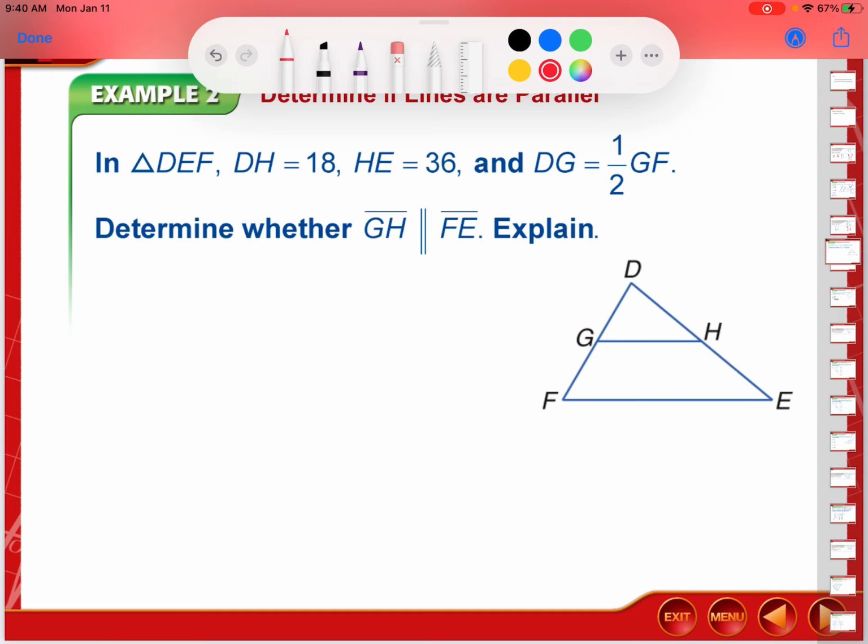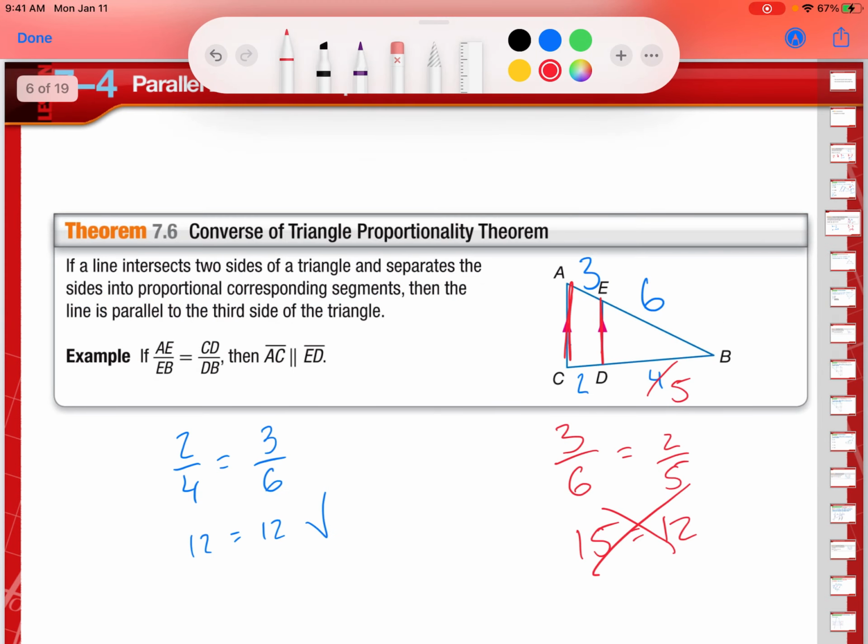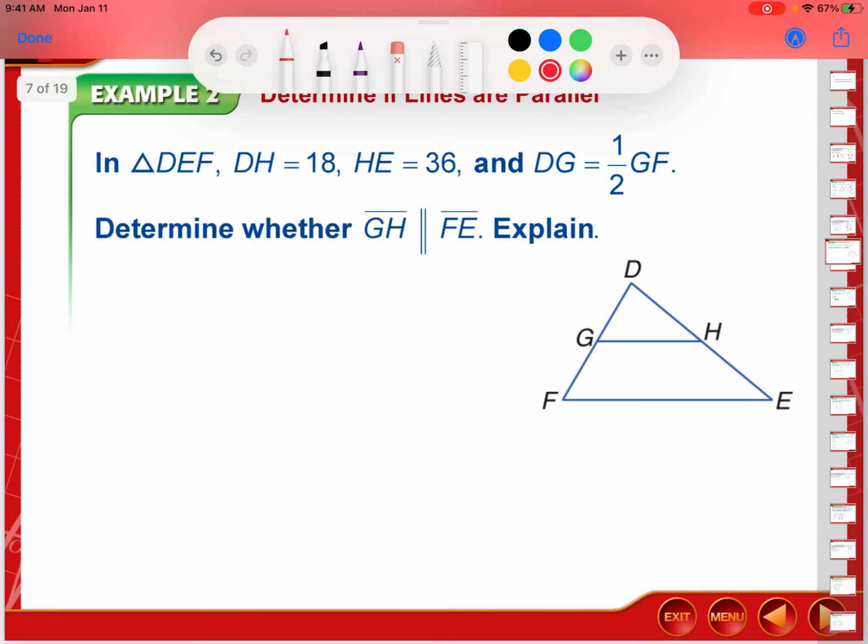Essentially, what they call this is kind of like an indirect proof. They're asking us to determine whether line GH and FE are parallel. In order to do that, let's label first. If they're parallel, our reasoning is going to be the converse of the triangle proportionality theorem.